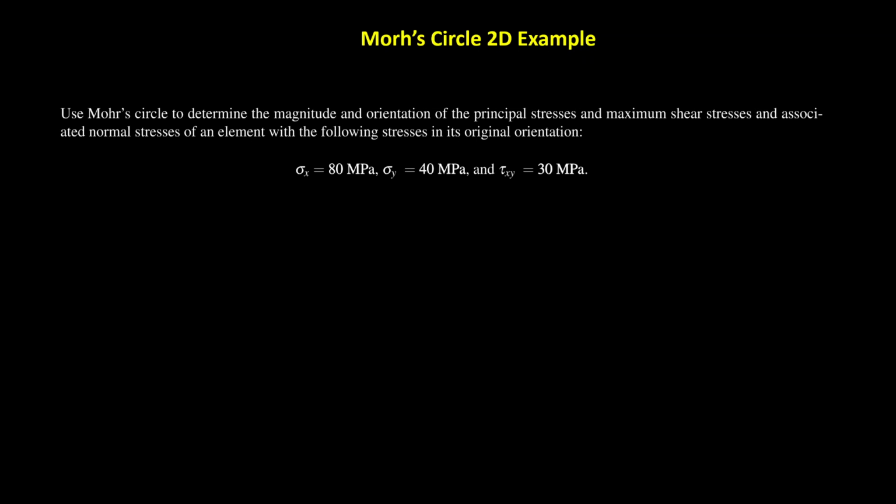So we have this case where we have determined in our structure or any body part that this planar element is affected by the following stresses. We have a normal stress in the x direction of 80 megapascals, a normal stress in the y direction of 40 megapascals, and then a shear stress of 30 megapascals.